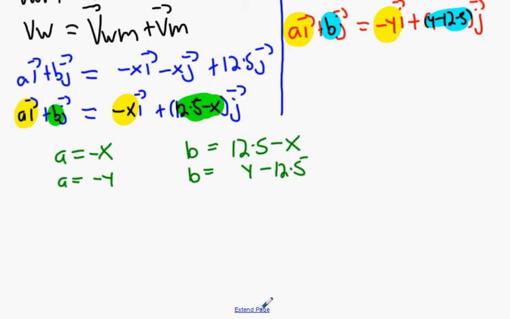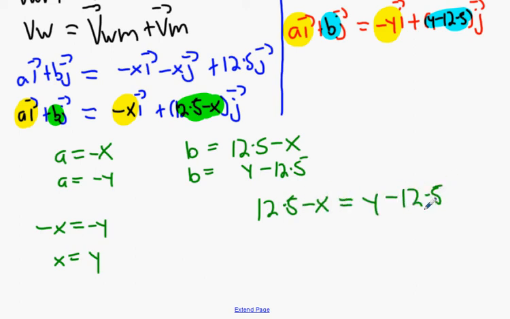So what are we going to find out here? B equals B, A equals A, right? It's the same thing. So minus X equals minus Y. X equals Y. 12.5 minus X equals Y minus 12.5.